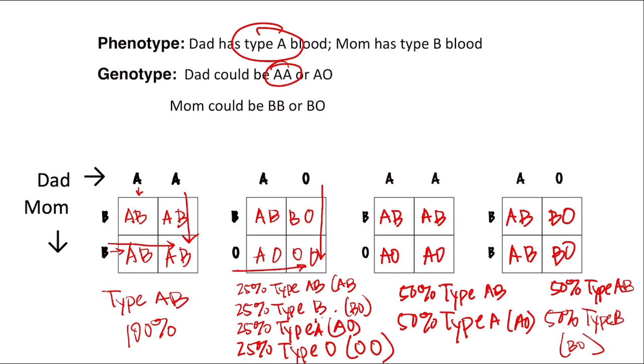What are the possibilities of genotypes for their kids? Most likely, I would give you the phenotypes and at least one of the genotypes. And if you have any questions on these, come to office hours.